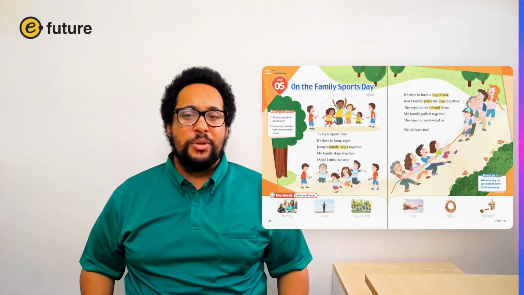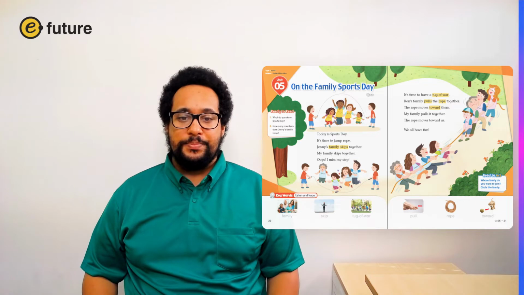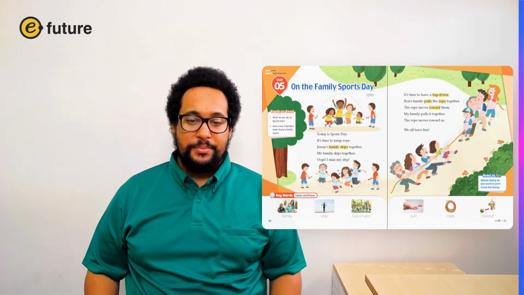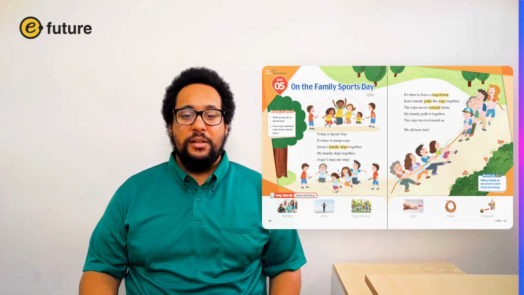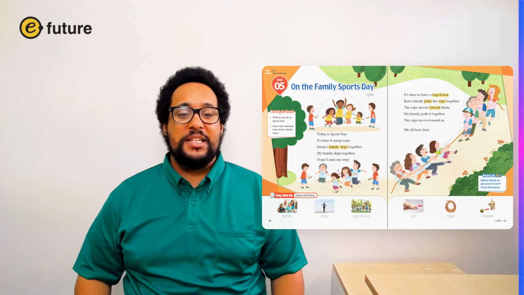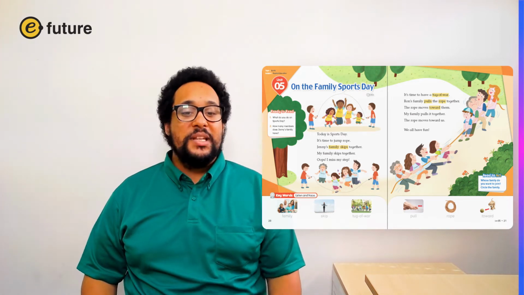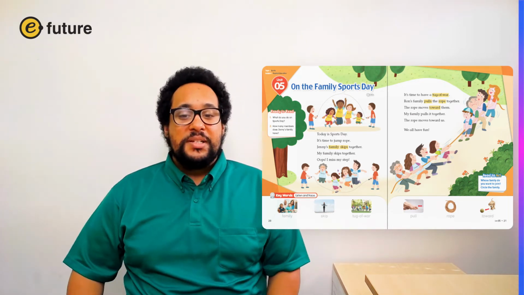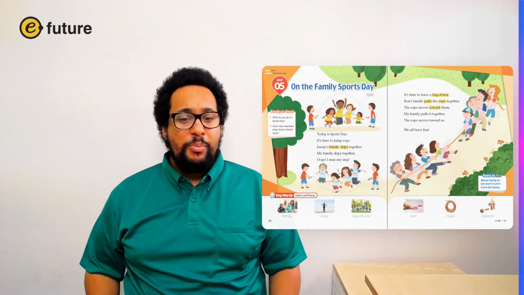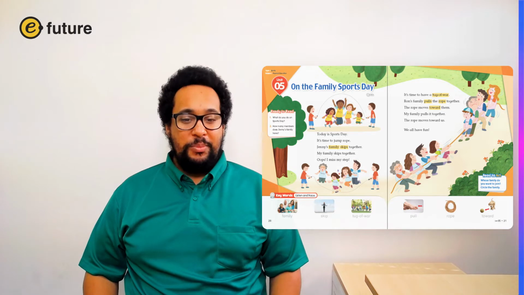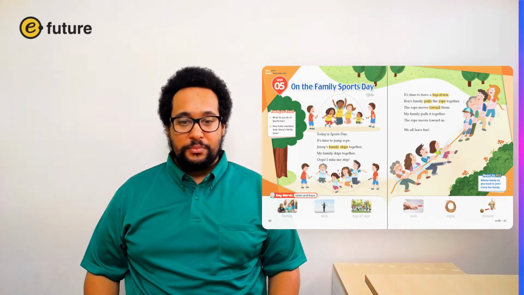Now, how many people are in each of these families? Well, let's count together. With Jenny's, I see 1, 2, 3, 4 people in Jenny's family. You can tell that they're one family because they're all wearing yellow shirts. How about Sunny's family? How many people are in Sunny's family?